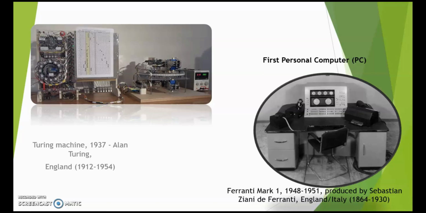The Turing machine, one of the most famous ones in England, and then the very first personal computer that was produced by Sebastiano Ziani de Ferrante. That is the ancestor, the precursor of all our modern, smaller size computer technology.